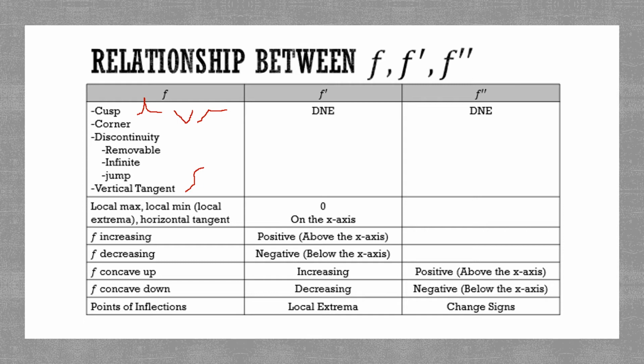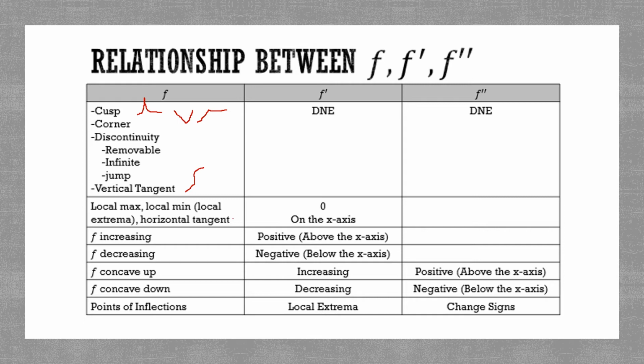Okay, local max or local min. Max and min are called extrema. That will give you a derivative of 0, and so that's where it's going to be on the x-axis. So if you have a point where your graph is increasing and then decreasing, you have a local max.